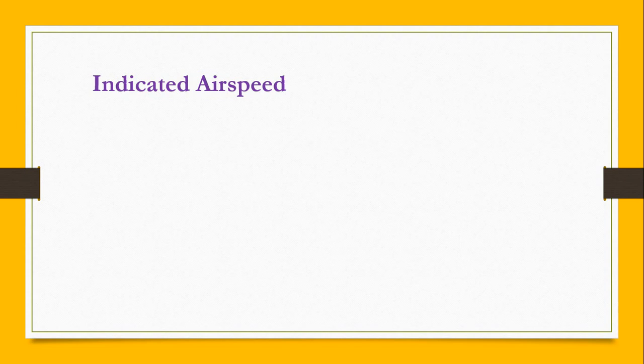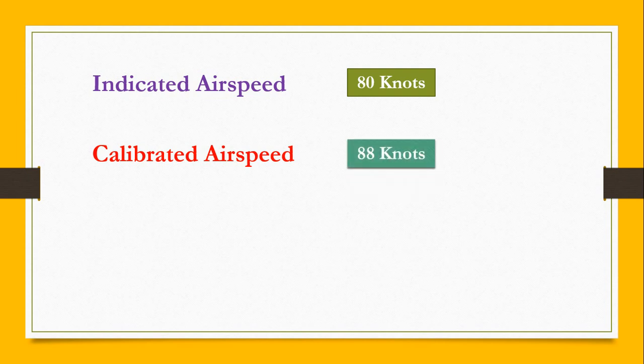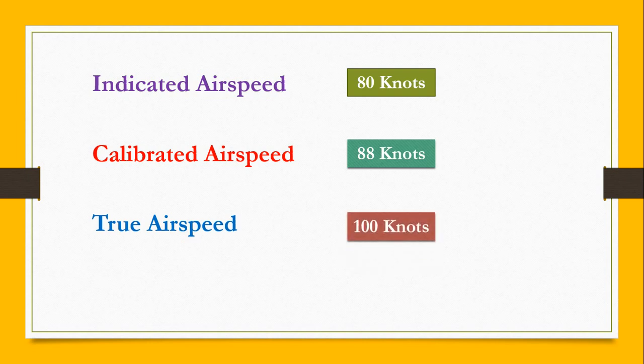Suppose from the pitot tube we got the indicated airspeed as 80 knots. After correcting for pressure errors we will get the calibrated airspeed as 88 knots. Then after correcting for air density errors, we will get the true airspeed as 100 knots. This 100 knots is the real speed of an aircraft which is flying at different altitudes.